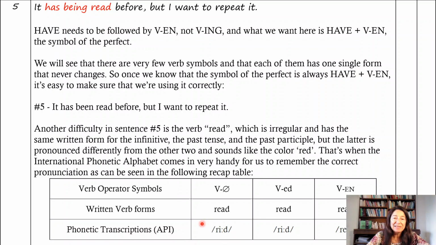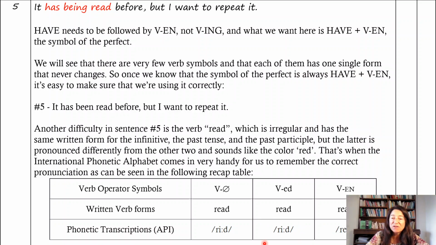So what can we see here? The verb base, the infinitive V0, is read with a tense vowel. And then the past tense is, oh, okay, that's a mistake. It should be the same one here. Okay, read, read, obviously.